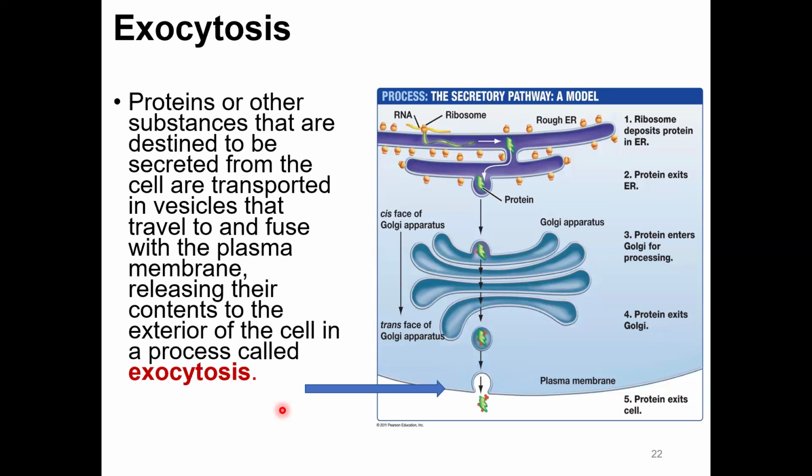Now, there is also a process called exocytosis, where proteins and other substances destined to be secreted from the cell are transported in vesicles like this, out and out, and the vesicle fuses with the membrane and exits the cell itself like this. That's called exocytosis.